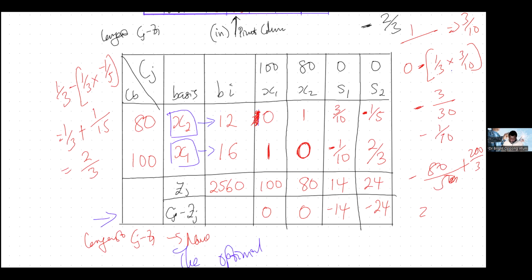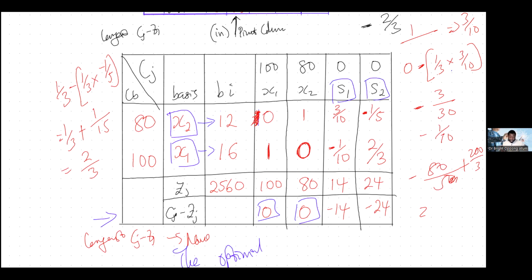So we can see this to be 0, this to be 0, right? If it's not a basic variable, like S1 and S2, then they attain any value.